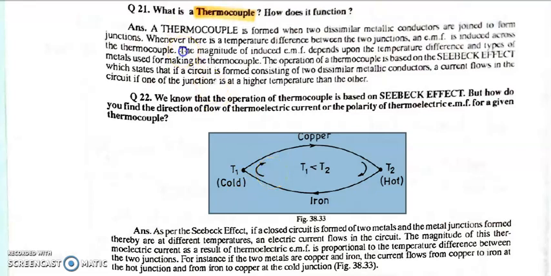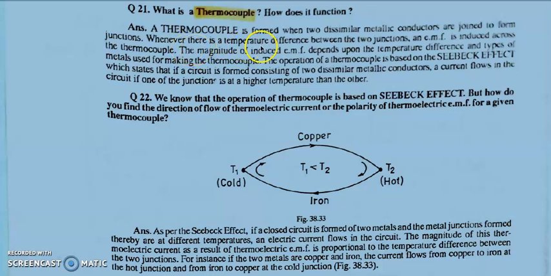The magnitude of the induced EMF depends upon the temperature difference. If the temperature difference between the two junctions is greater, then the voltage will be greater.